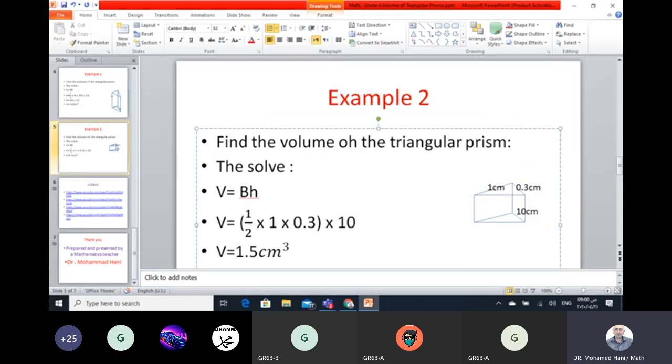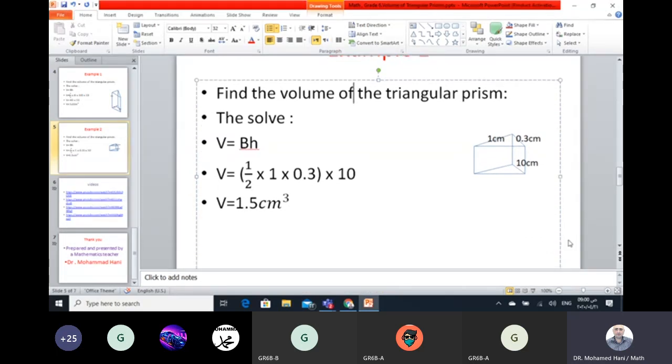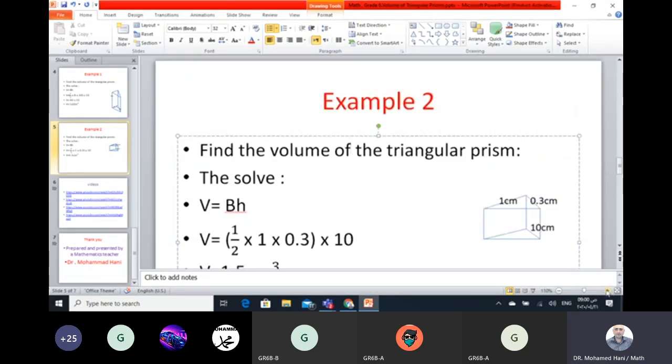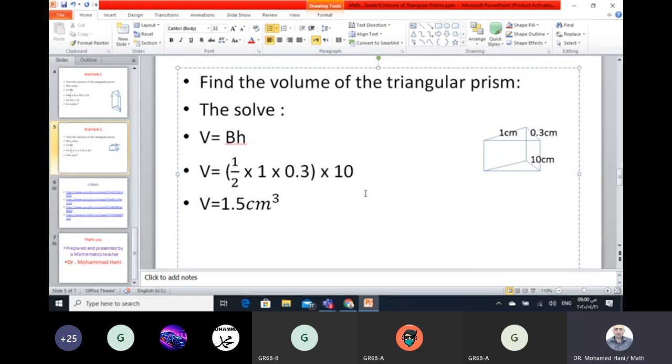In this example, as you see here, we have a triangular prism. Why? Because the base is a triangle.